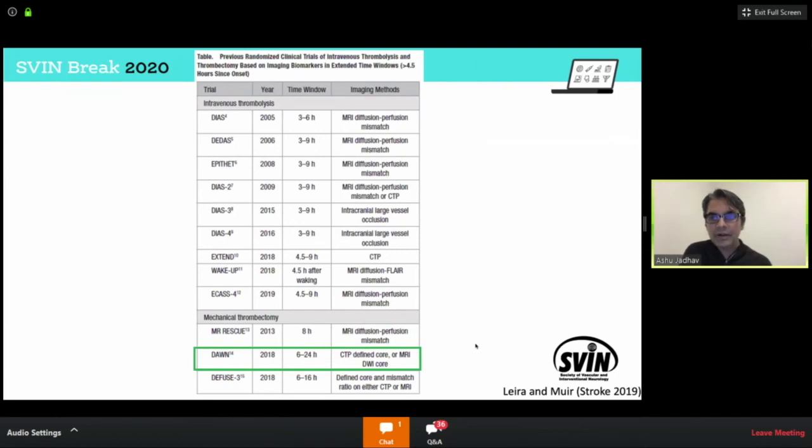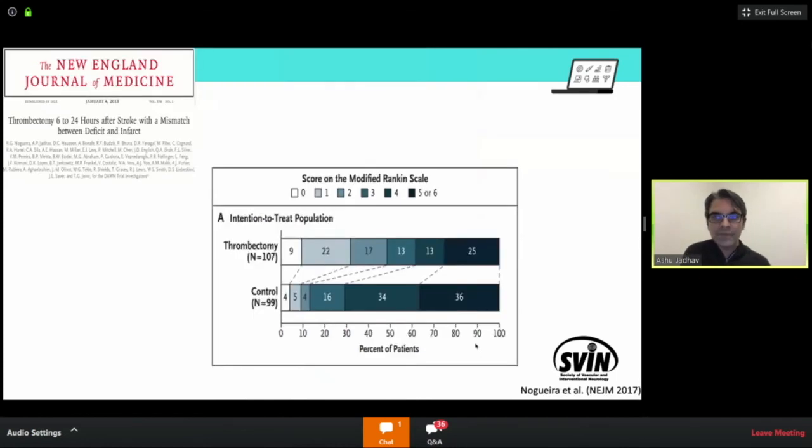And this clinical-core mismatch paradigm was the basis for patient selection in the DAWN trial. So as you recall, in the DAWN trial, this was a trial comparing the Trevo stent retriever device to medical therapy in patients selected based on an NIHSS and core mismatch paradigm. About 9% of patients did get TPA in the control arm, but a majority of patients did not get TPA. So this is really largely a comparison of thrombectomy versus no TPA.